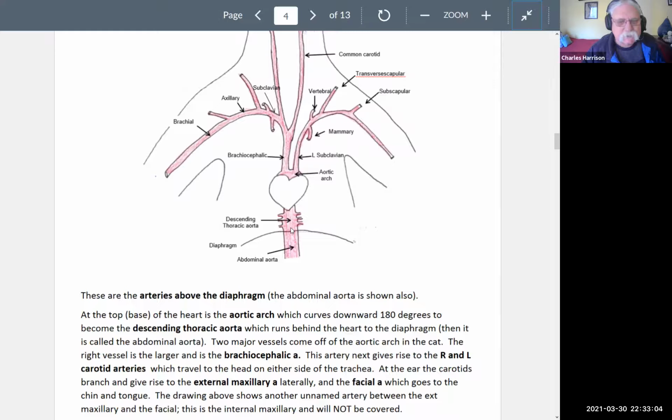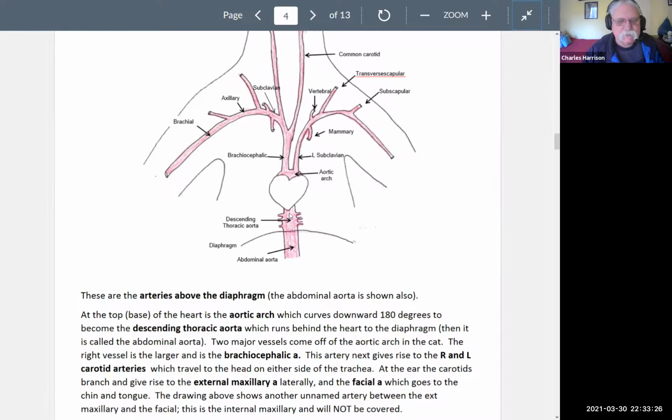This is the descending thoracic aorta. Once it passes the diaphragm, it's out of our territory for today, but we will call it the abdominal aorta. So these just changed their name, not their function, not their direction, or their destination.